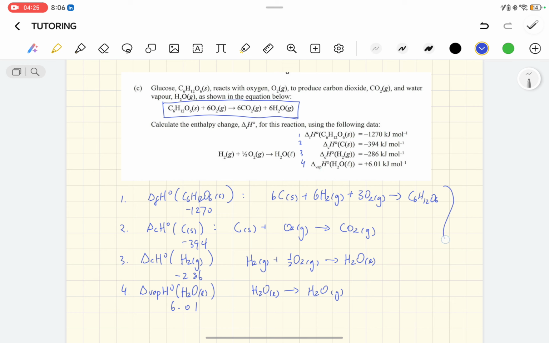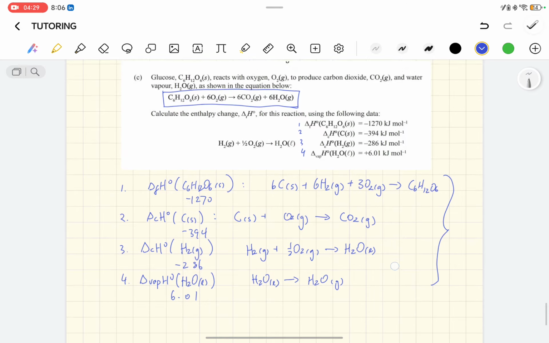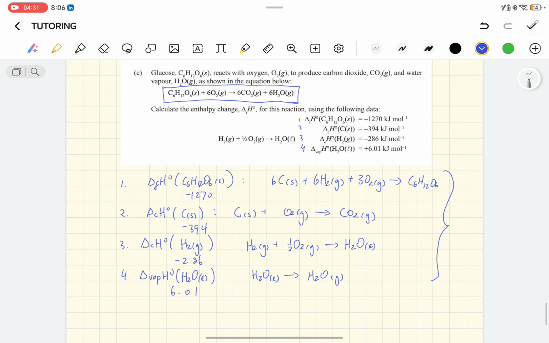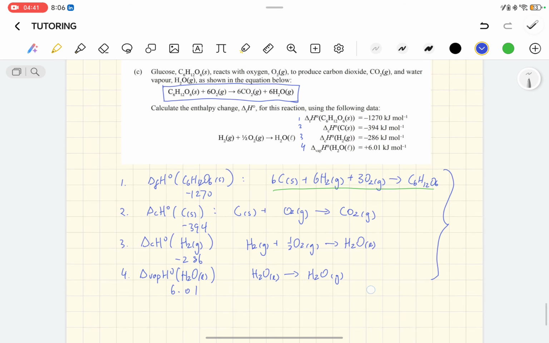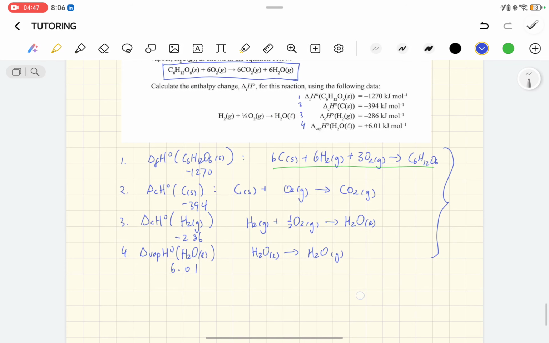So let's take a look at these 4 reactions. This is a combustion reaction of glucose, so I start with the first one here, with glucose. For reaction 1, we have glucose in the products and we want it in the reactants, so we just flip it over.